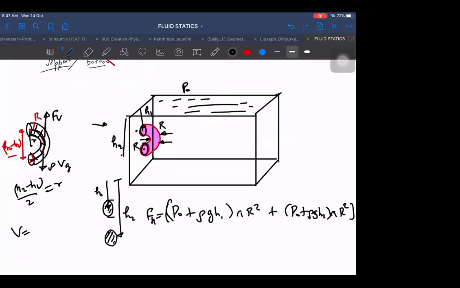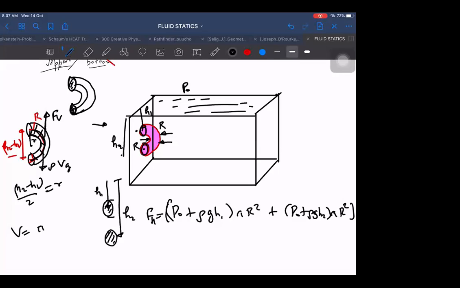Pappus's theorem says that if I form any surface by rotating some plane surface, then the volume of that surface will be equal to the path length covered by the center of mass multiplied by the area of the plane.